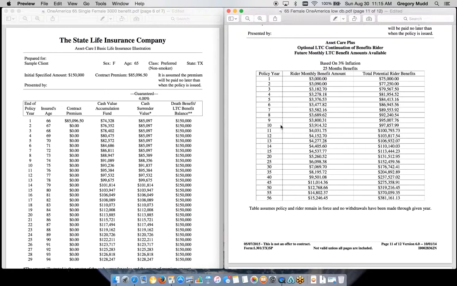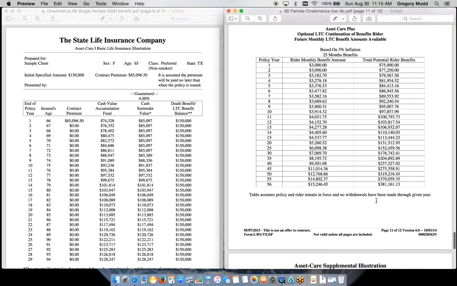Year 1, let's jump down to year 10, and you'll see that same $39,014 for the rider, and it also shows the total benefit amount of $97,000. The rider starts with a $75,000 benefit and increases every year, and 20 years down the road it's worth $131,000.